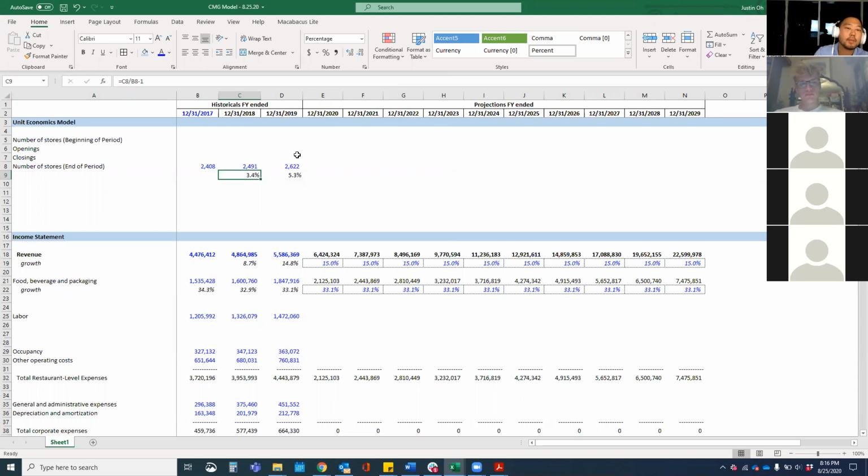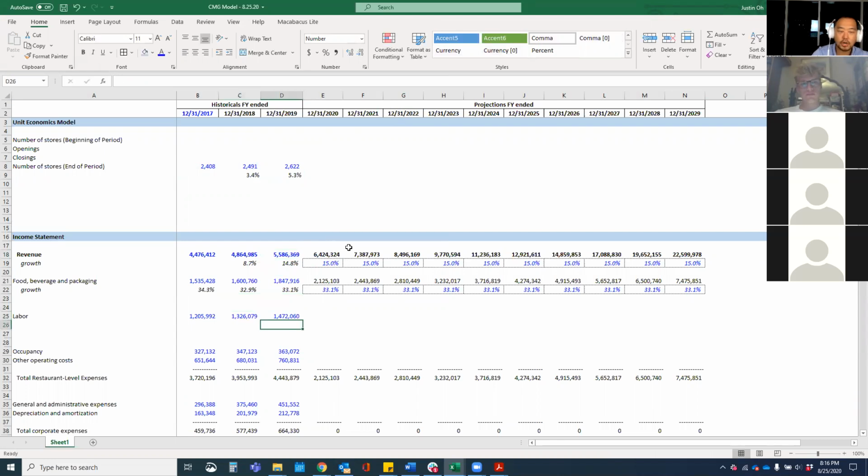Are there more people coming in the door, or are you raising prices? That's what we call same store growth, or four-wall growth, unit-level growth. It's called same store sales. And then inorganic growth is where you add a bunch of restaurants and you'll see a bunch of growth, but it might not be a good idea if those restaurants aren't doing very well. It'll still add revenue growth because you just add straight-up revenue.